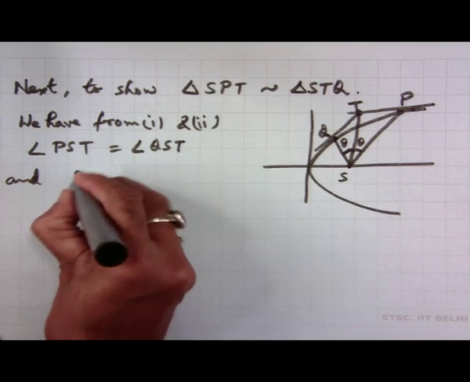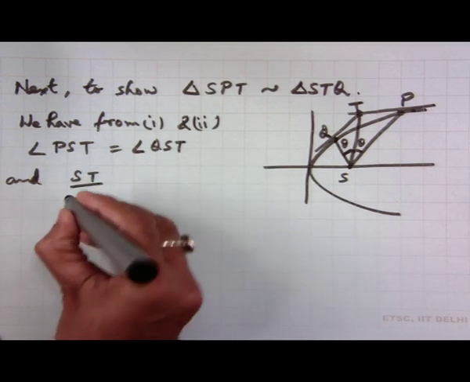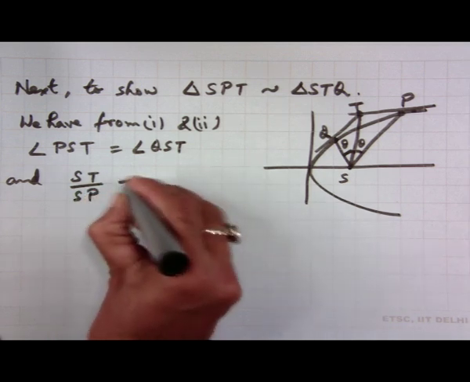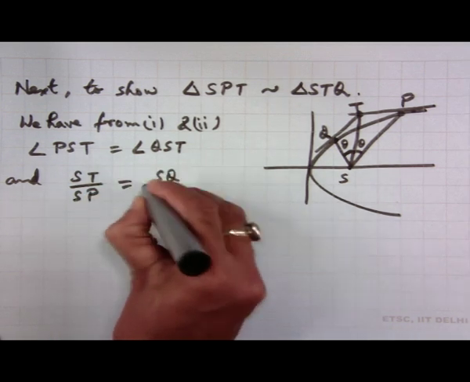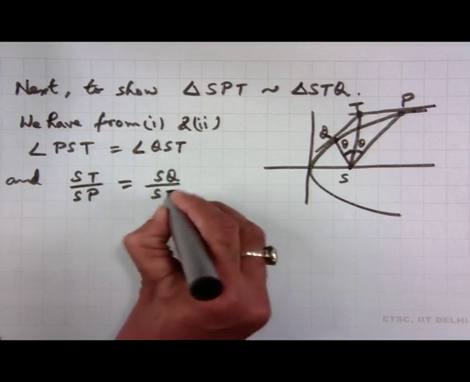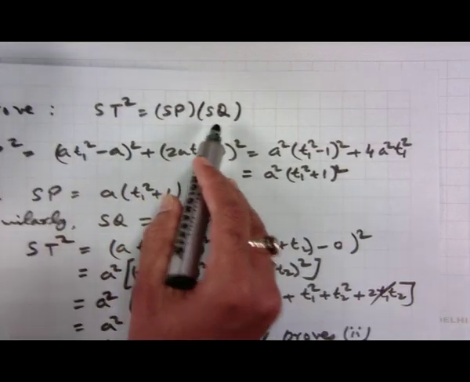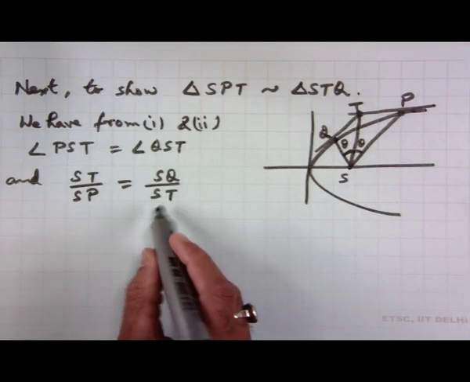So, ST over SP is equal to SQ over ST. This is from this equation, ST square is SP times SQ, we can write like this.